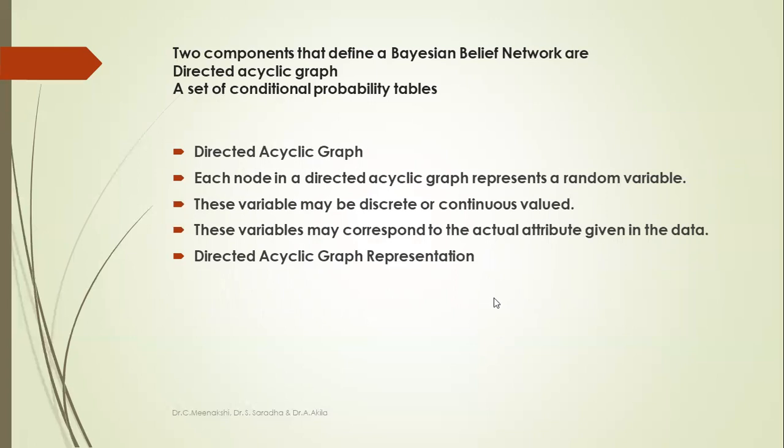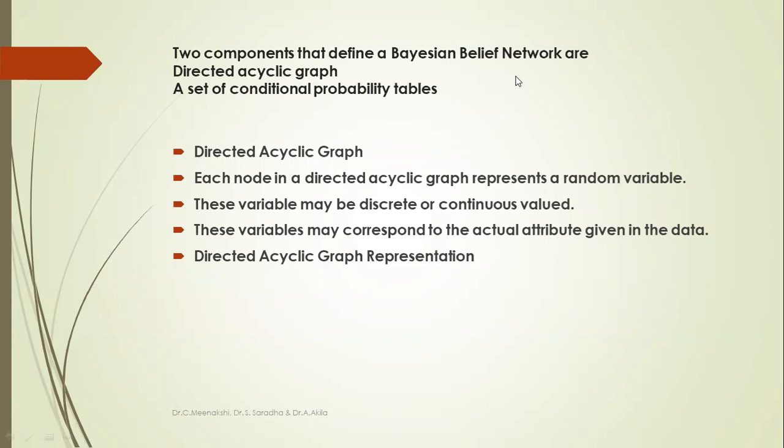There are two components that define the Bayesian belief network.